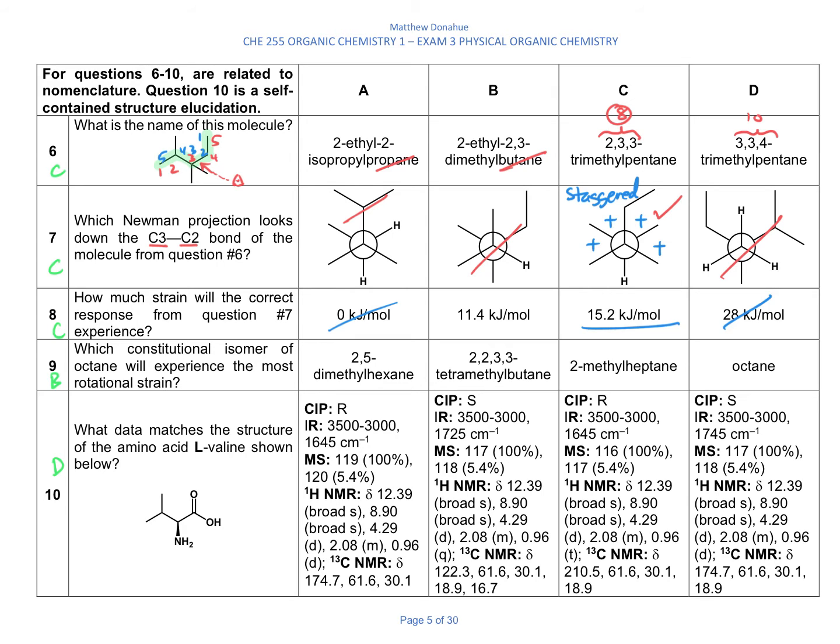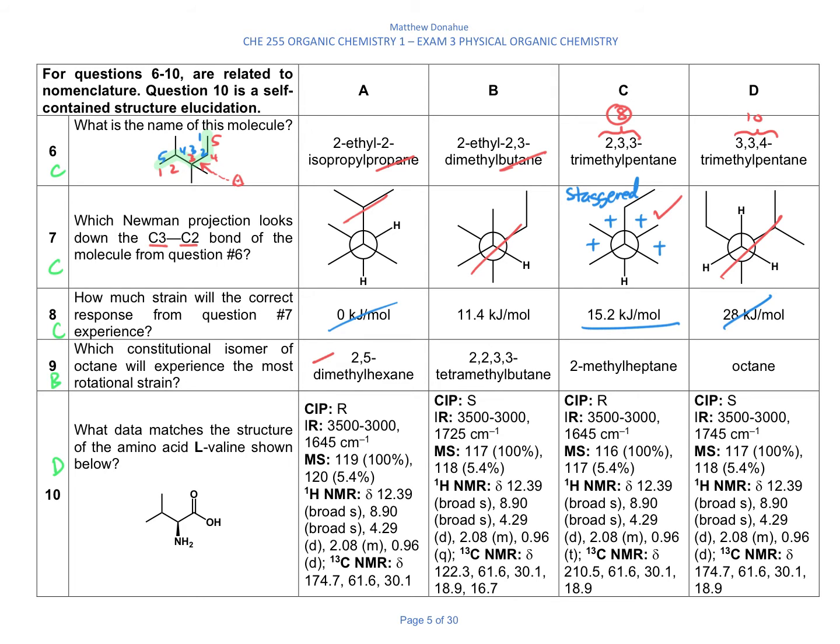And question 9 says, what constitutional isomer of octane will experience the most rotational strain? So these you have to draw out. Anytime you see a name, you should draw it out. So 2,5-dimethylhexane.